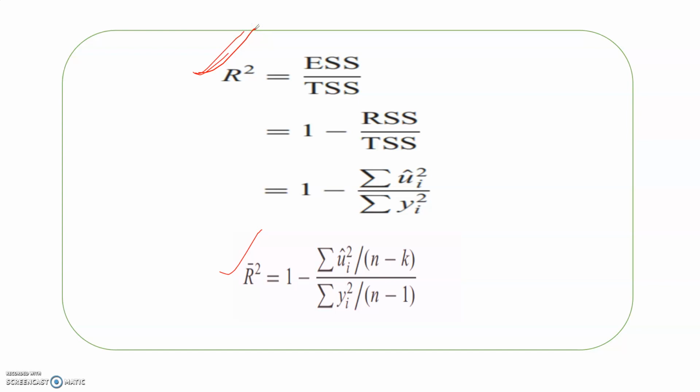So this is the major difference between these two. And one more important thing is that, be it r square or adjusted r square, these are not enough to judge the adequacy of a regression model. There are other criteria which must be kept in mind while selecting a model. We'll be discussing those later on.